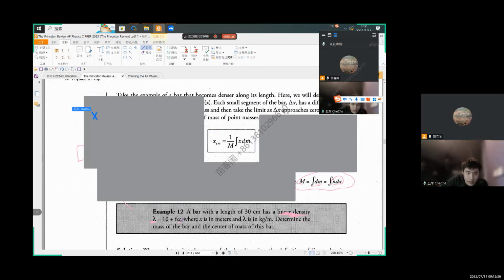Center of mass equals 1 over all the mass. Oh, we can find all the mass first, with this one. So we use this one first. I was drawing an integration sign, and then 0 to 30 of the mass.